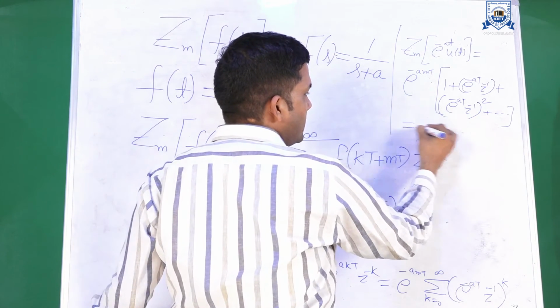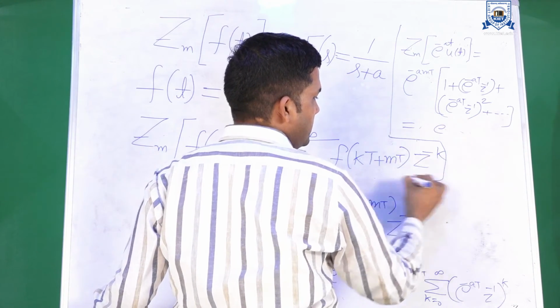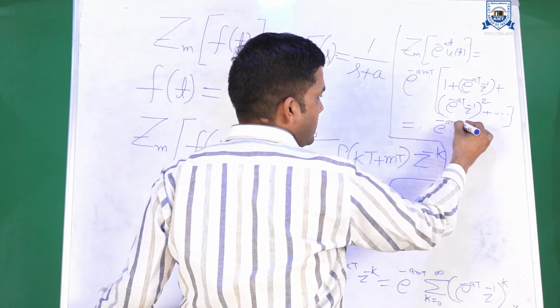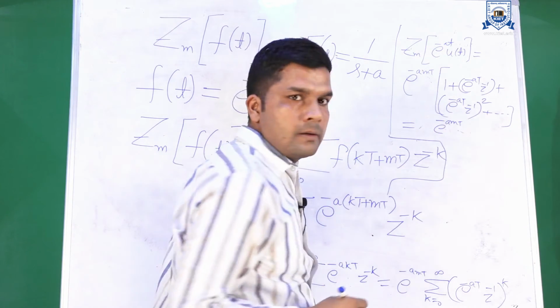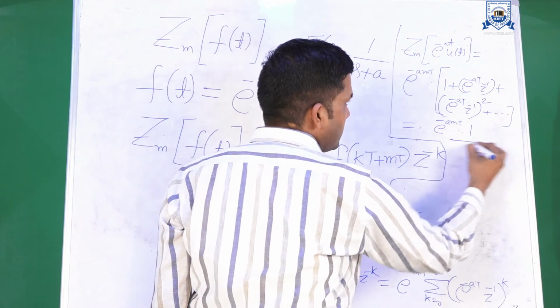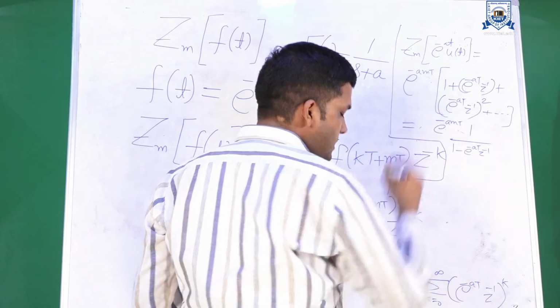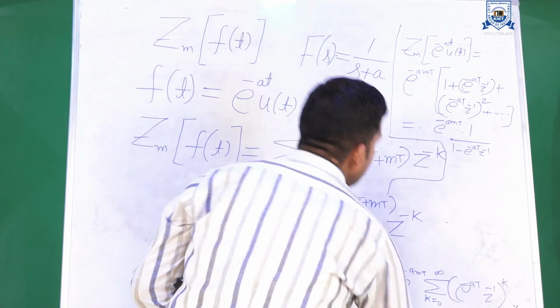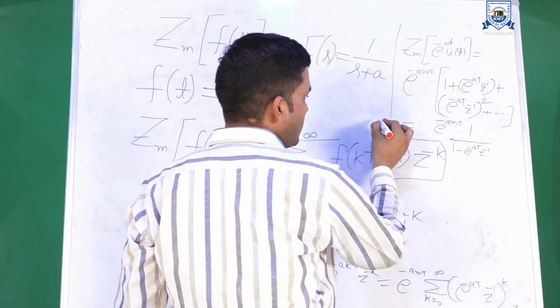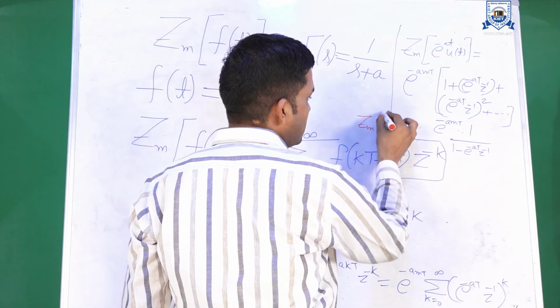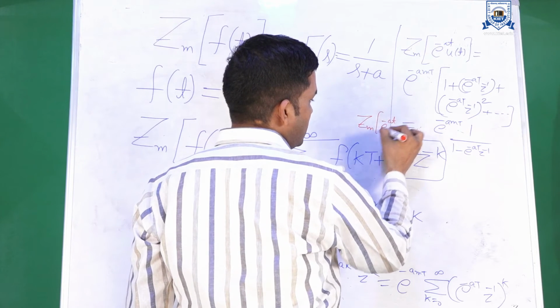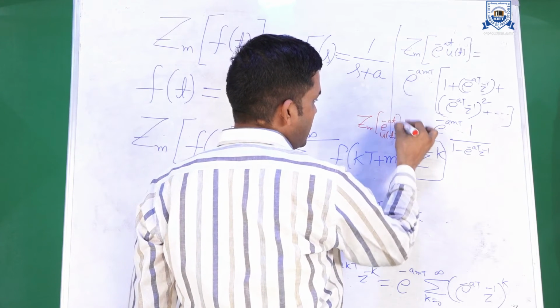Now e to the power minus amT into 1 upon 1 minus e to the power minus aT z inverse, and this is the answer. This is the modified Z transform of e to the power minus at u(t). This is the answer.